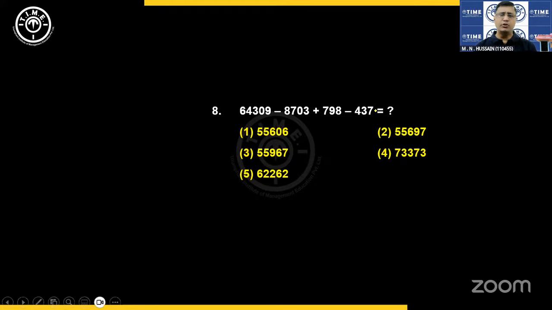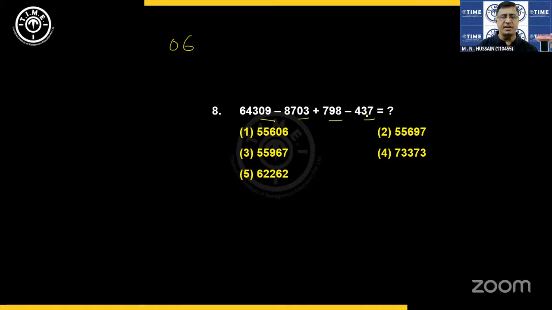Just add all the values, sum of these numbers. Dear students, additions and subtractions just apply by using the 2-digit addition. Now just look at how much is the sum of these numbers. 09 minus 03, that is 06. 98 minus 37.